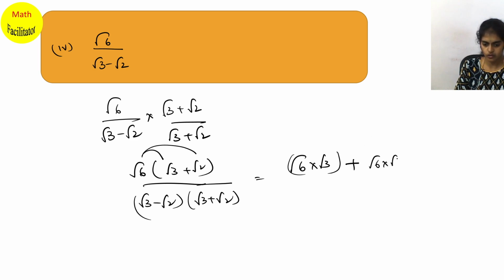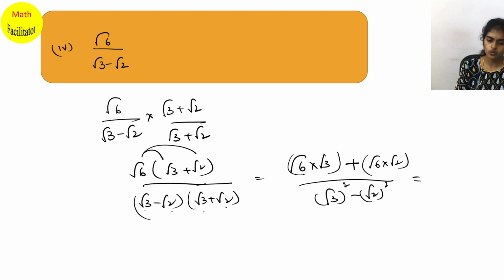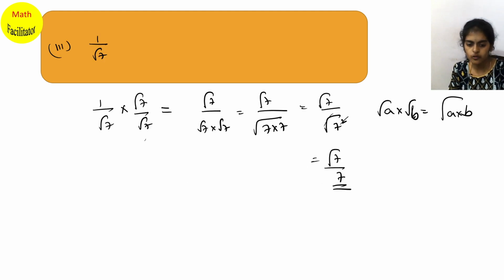Root 6 into root 2, divided by, now this is again a minus b into a plus b, so a square minus b square. So that is equal to root 6 into root 3. Can I write it as root over 6 into 3? Which formula? Root a into root b is root over a into b. Same formula.